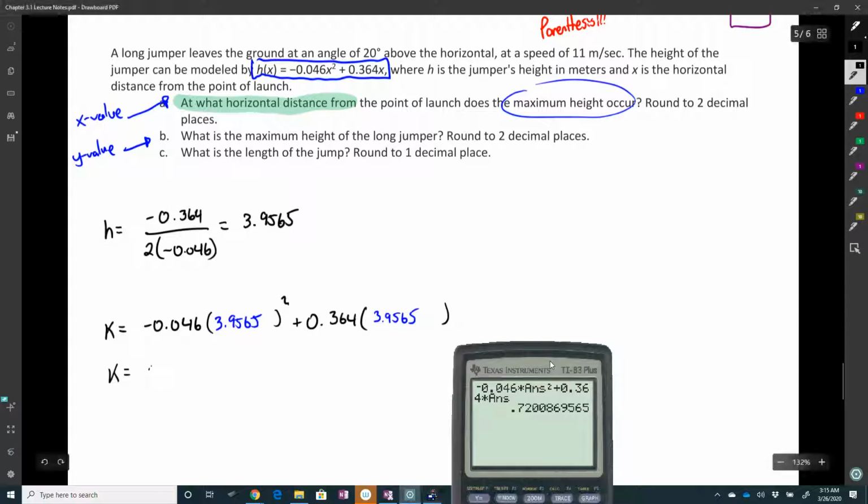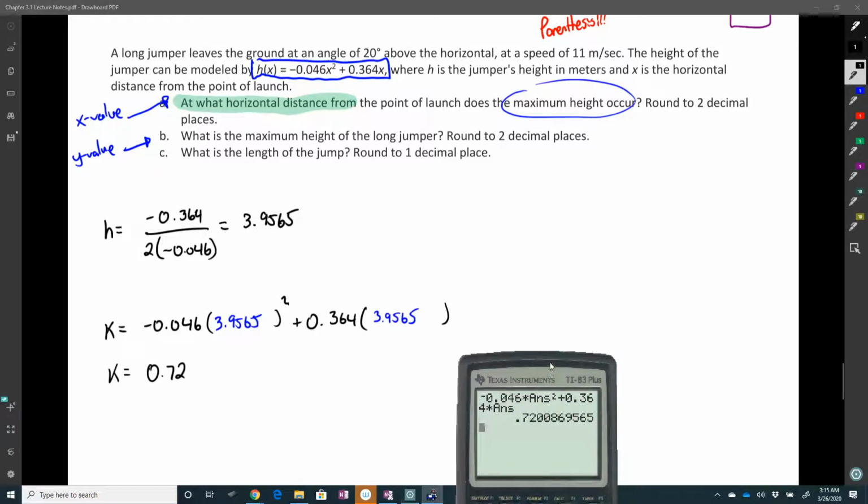All right, so this answers the first question: at what horizontal distance do they reach the highest point?